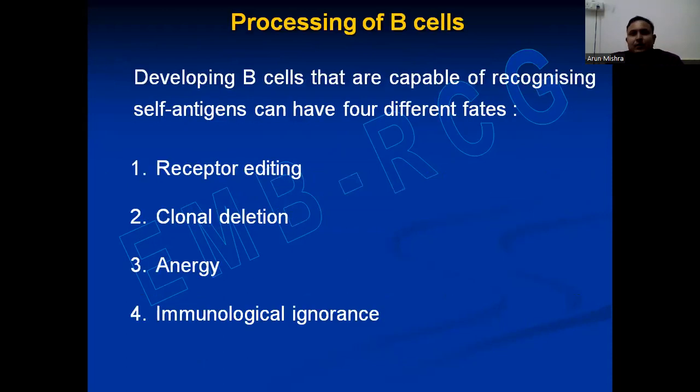Processing of B cells. Developing B cells that are capable of recognizing self antigens can have four different fates. First is receptor editing, then clonal deletion, anergy, and immunological ignorance.